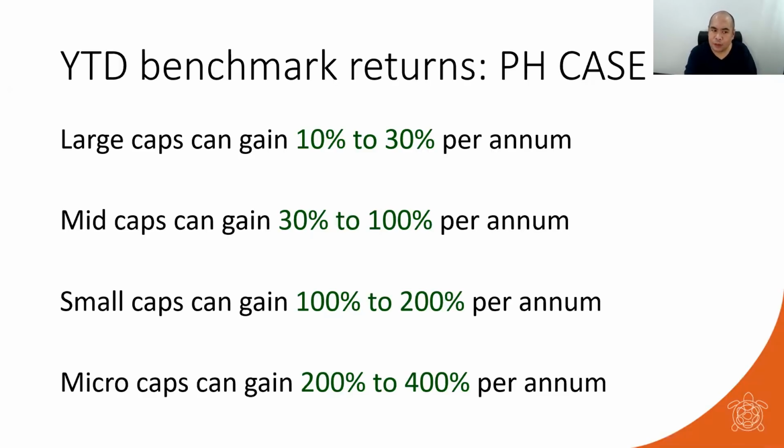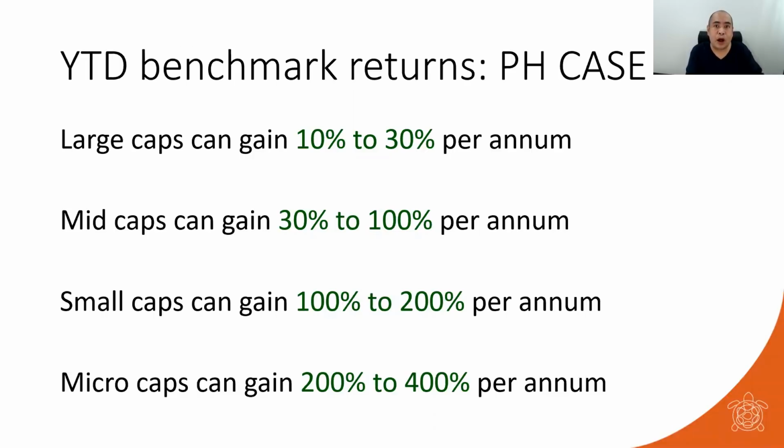On the other hand, if you drill down, mid caps can generate anywhere between 30 to 100% per annum. Small caps can generate anywhere between 100% to 200% per annum. And then finally, micro caps can generate anywhere between 200% to 400% per annum. Again, in our experience, per bucket, there will always be outliers.